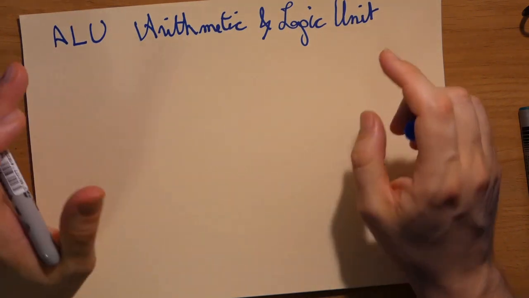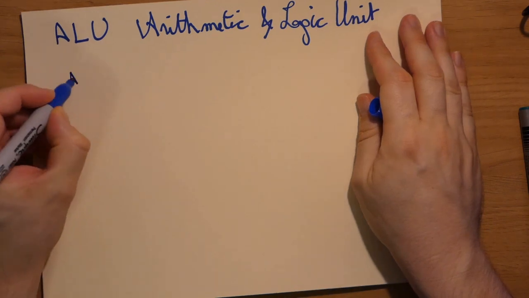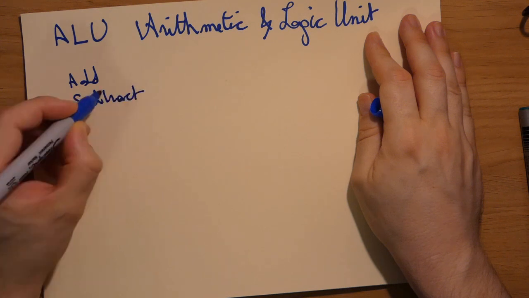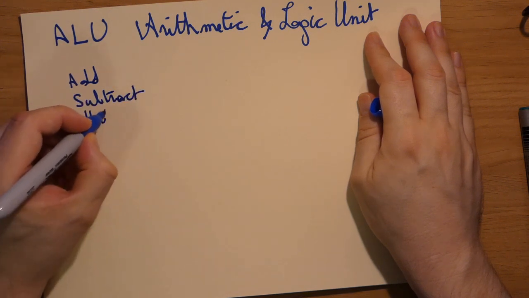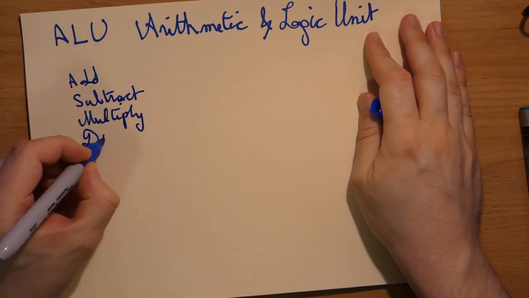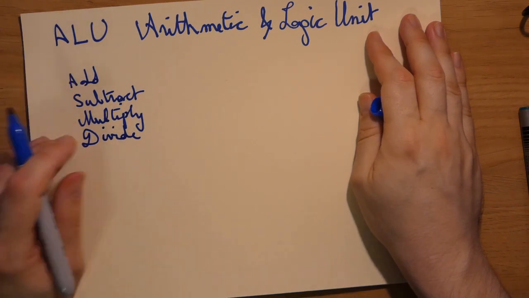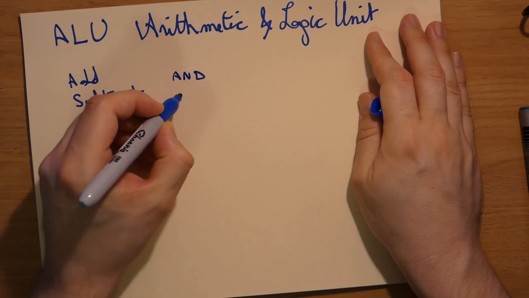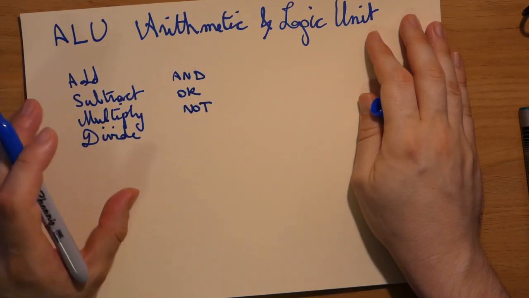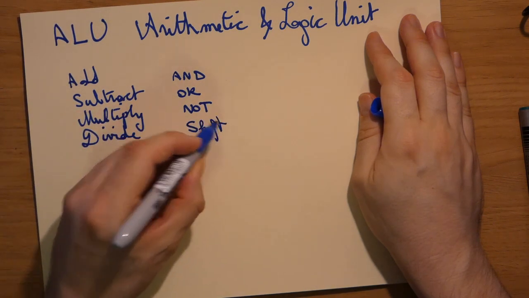The ALU is able to do basically all the arithmetic operations, so that is add, subtract. It can multiply, it can divide, and it can do a couple of logical operations. So that's the AND, the OR, the NOT, and then it will be able to do a couple of other operations beside that, like the shift.